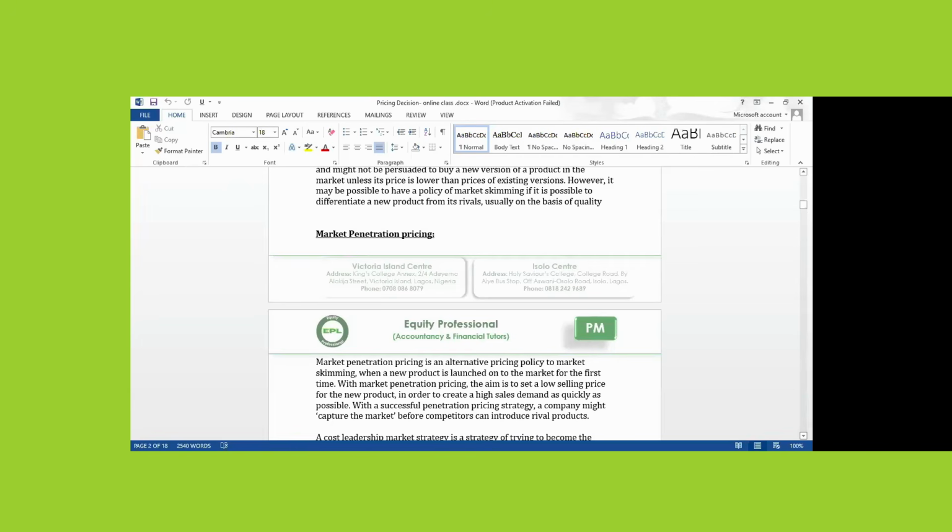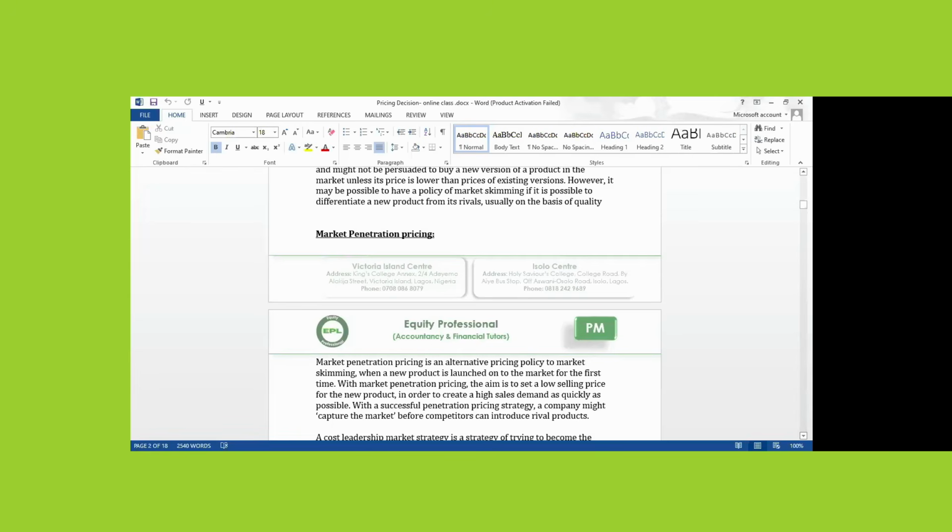The objective of market penetration is to enable the company to achieve higher sales volume as quickly as possible, before competitors can introduce rival products.